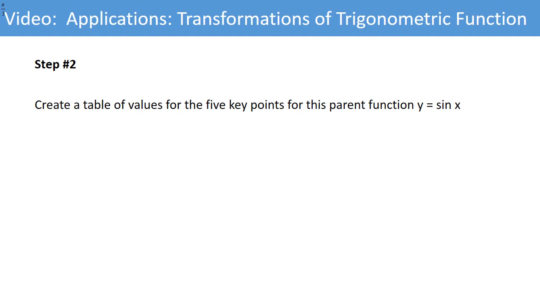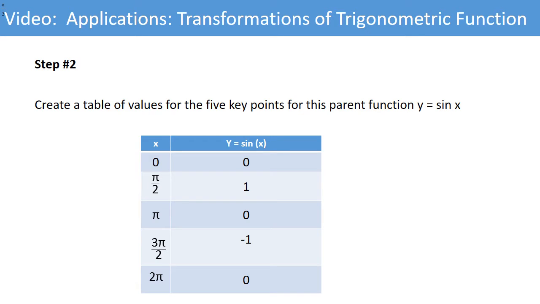To do this, we're going to create a table of values for the 5 key points for this parent function, y equals sine x. We need to make 2 columns and 6 rows. We're going to label the first column x and the second column y.